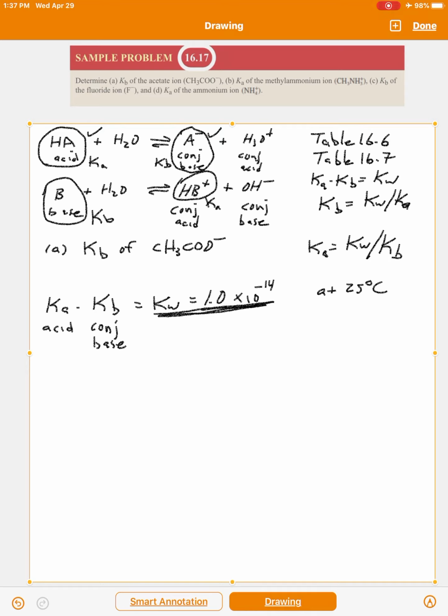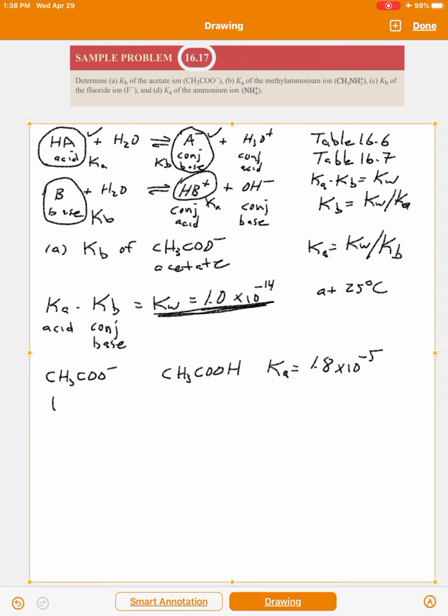Okay, so let's try it for part A. We want to find the Kb for acetate. It's not in table 16.7. So what do we do? We look up the Ka for acetic acid. CH3COO minus is acetate, and the conjugate acid is CH3COOH, acetic acid. The Ka is 1.8 times 10 to the minus 5.